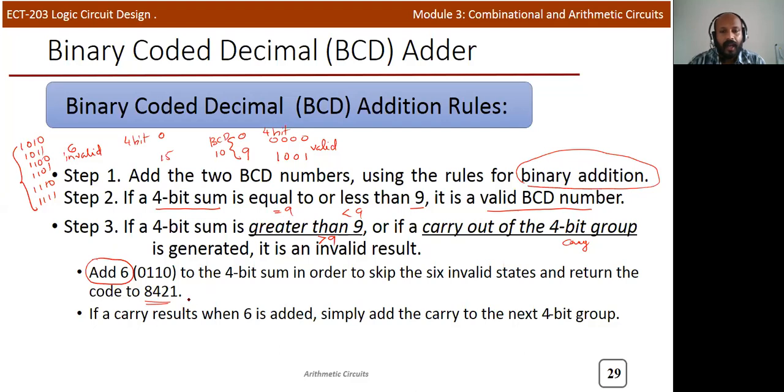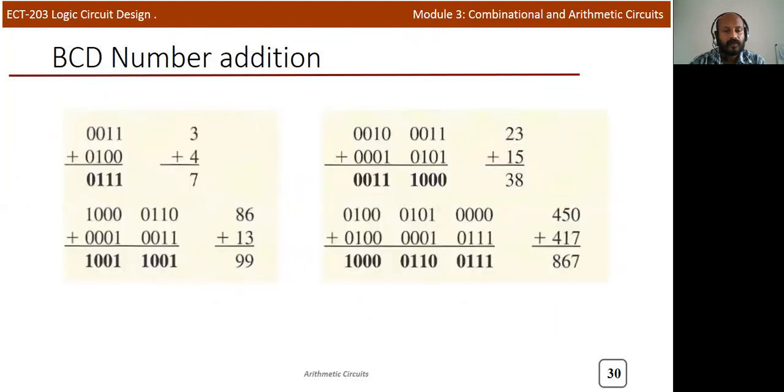Now we can see different examples of BCD addition. First, we are adding 3 plus 4. This is the BCD code for 3, and this is the BCD code for 4: 0011 and 0100 in 4 bits.